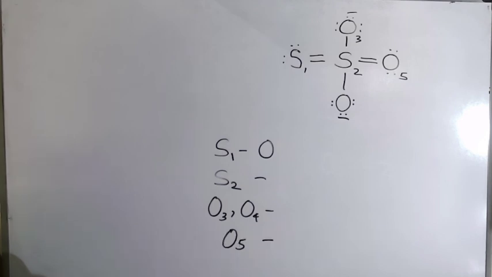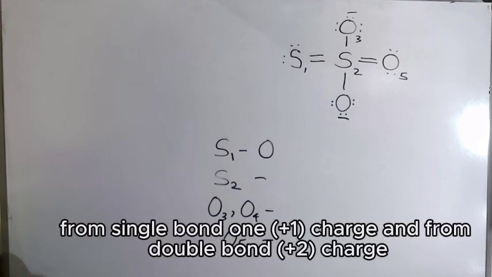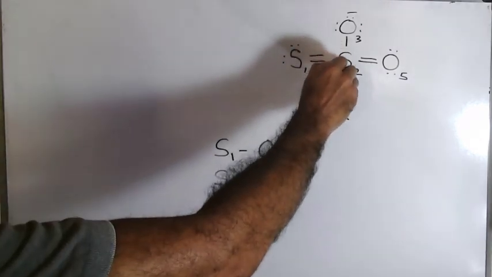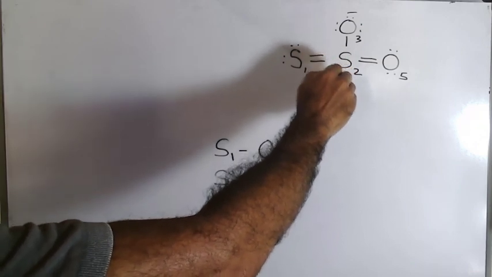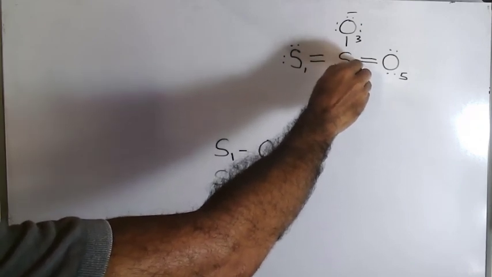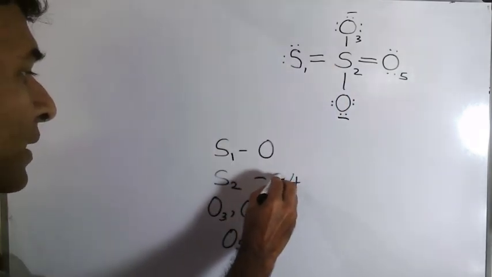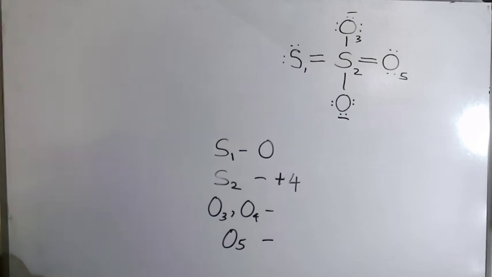Oxygen is more electronegative than sulfur, so sulfur becomes positively charged with that polarization. With each single bond, sulfur gains a positive charge, and with the double bond, two positive charges. So from these two sigma bonds, plus 2, and this double bond another plus 2, it will add up to plus 4. So the oxidation number of sulfur 2 is plus 4.